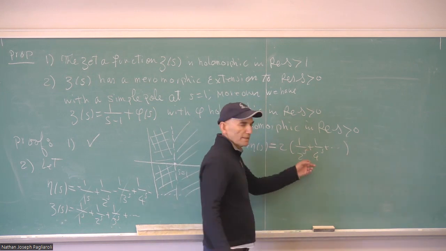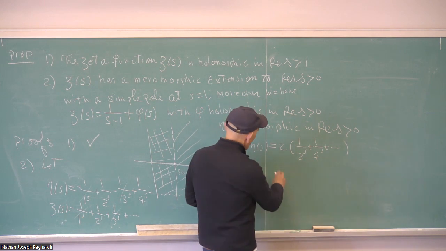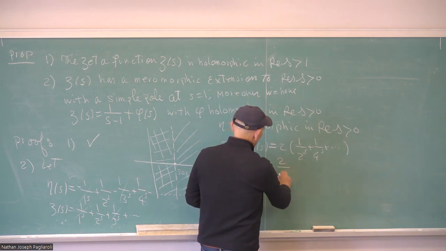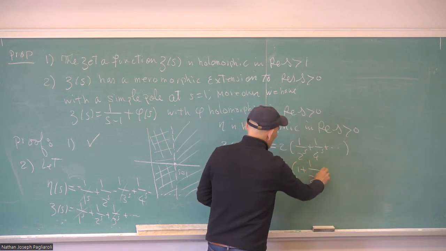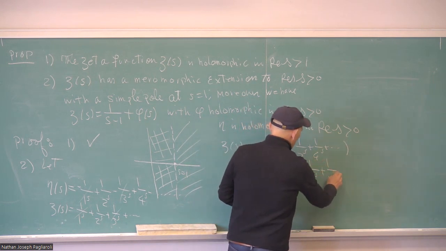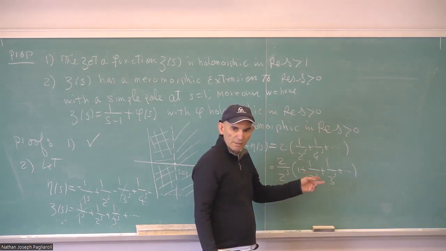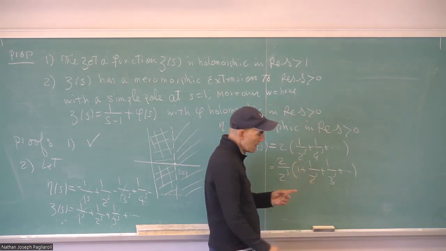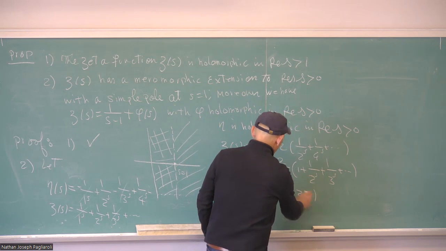I can factor 1 over 2 to the s, so this becomes 2 over 2 to the s times 1 plus 1 over 2 to the s plus 1 over 3 to the s, and so on. This is zeta again, equal to 2 over 2 to the s times zeta of s.